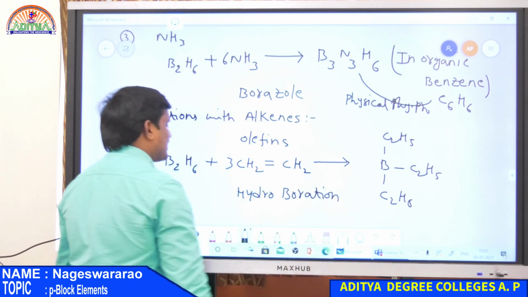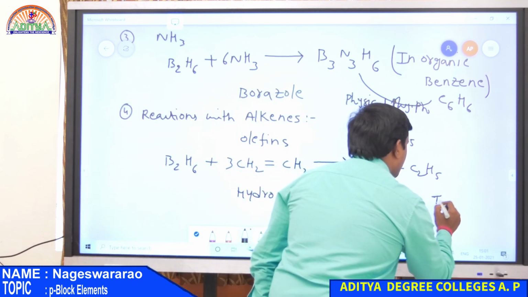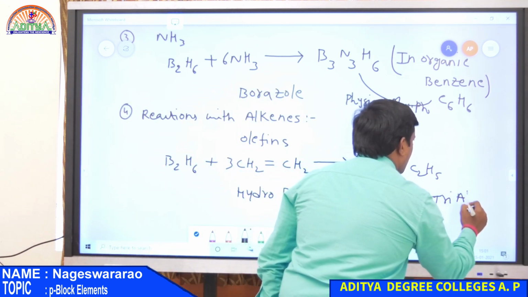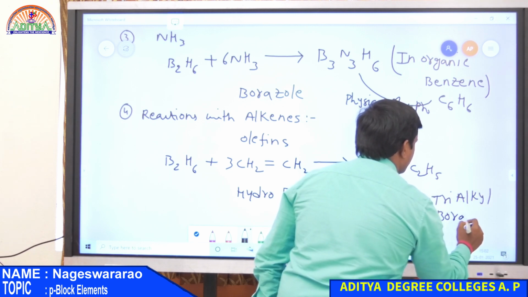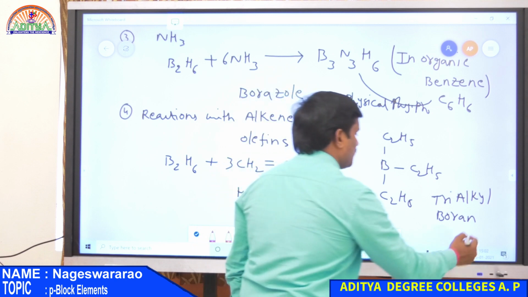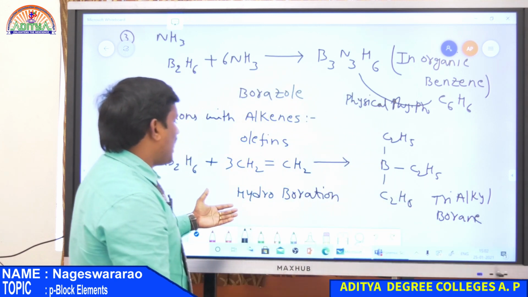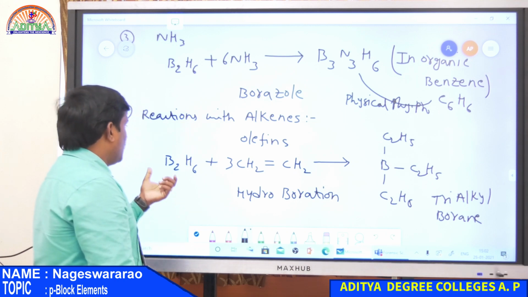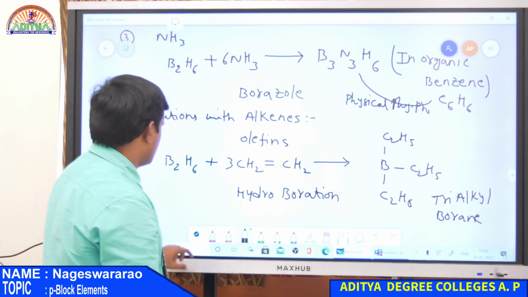So alkene reacted with diborane gives trialkyl borane. So trialkyl borane formation is nothing but the hydroboration reaction. So diborane is used in the hydroboration process.